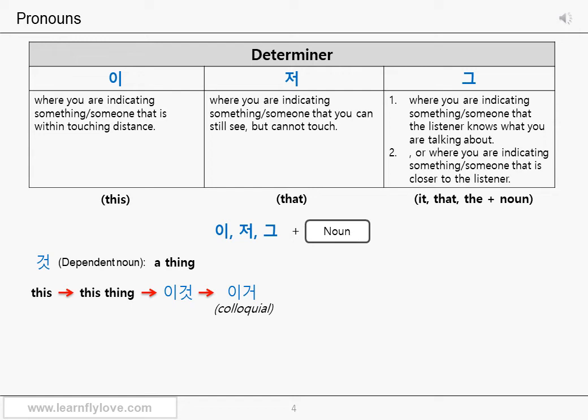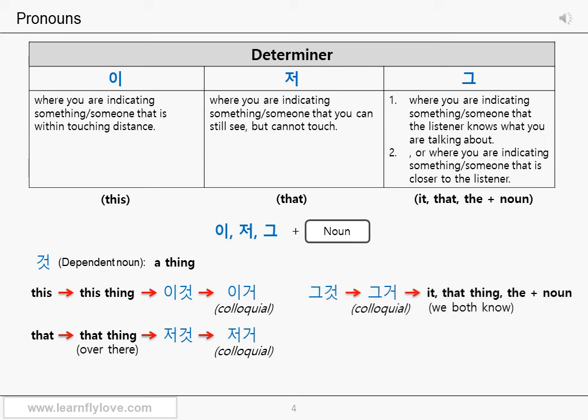Where you want to express that to indicate a thing over there that you can still see but cannot touch, then you can use 저것, that thing over there. The colloquial form in spoken Korean is 저거. Last but not least, 그것.